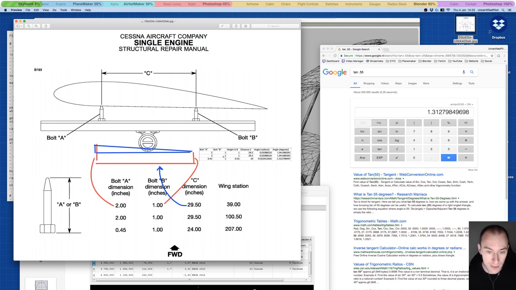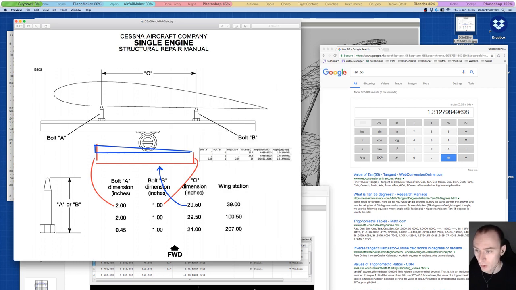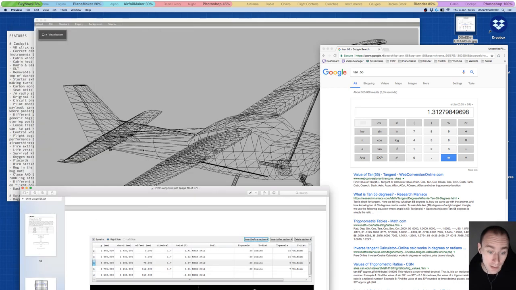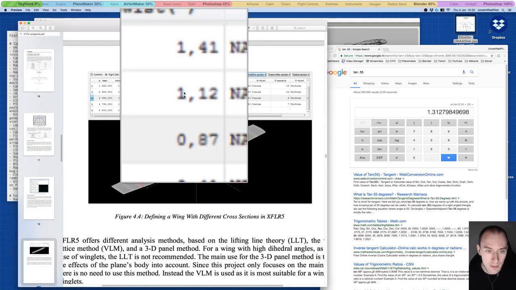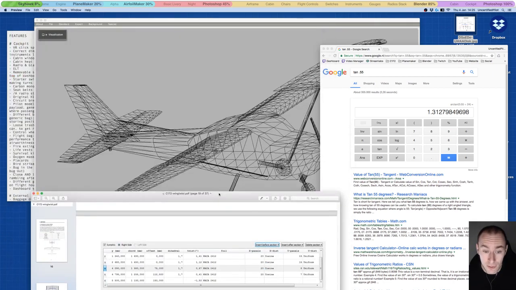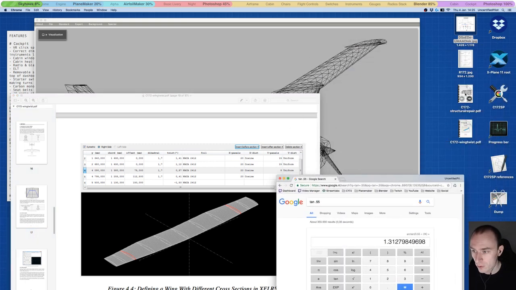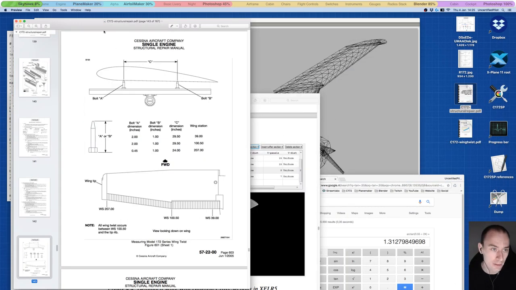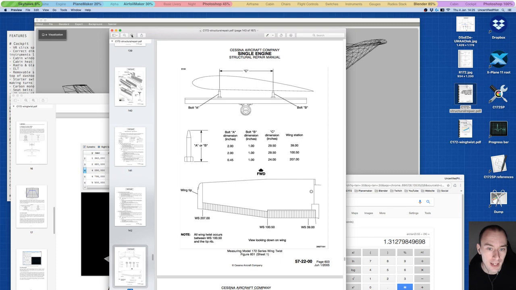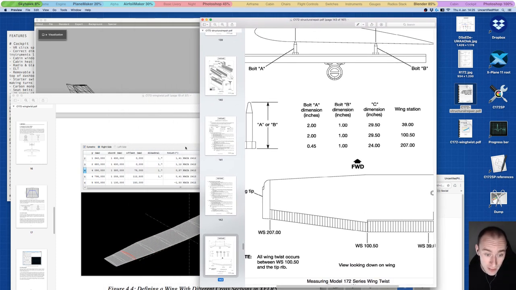That's great. And you can do the same thing with the other angles. And he comes at 1.94, and I totally believe him. Again, that's a bit bigger than we see here. Now, one note that he also made was, okay, we are inferring those angles of incidence based off of the structural repair image, but there might be one catch, which might explain why our numbers are slightly off from this table.